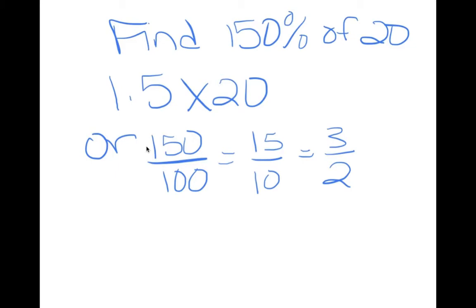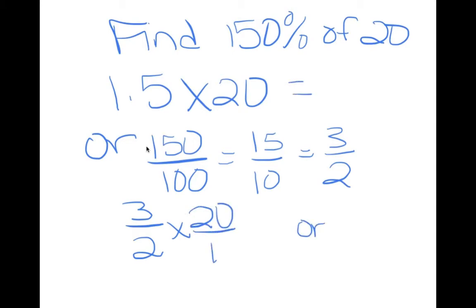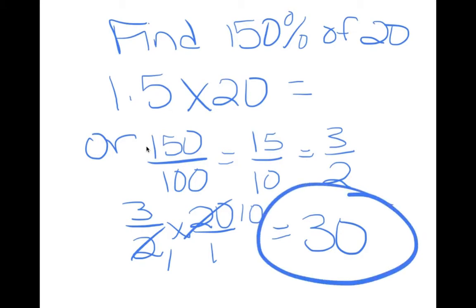And then we multiply 3 over 2 times 20, or 1.5 times 20. Okay, 2 goes into 20 10 times, and 10 times 3 is 30. So 150% of 20 is 30, which makes sense. It's 1.5 times the number. It's going to be bigger.